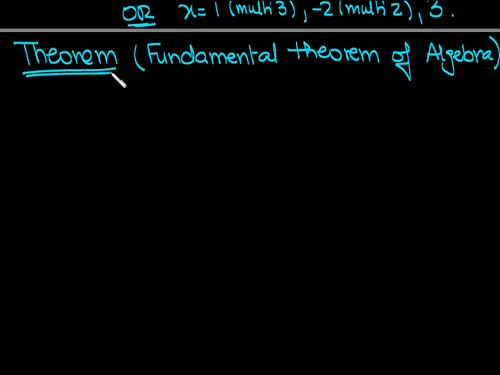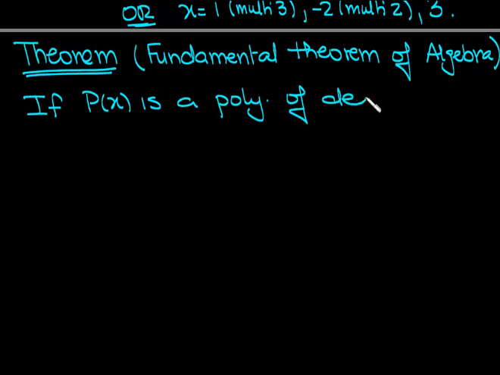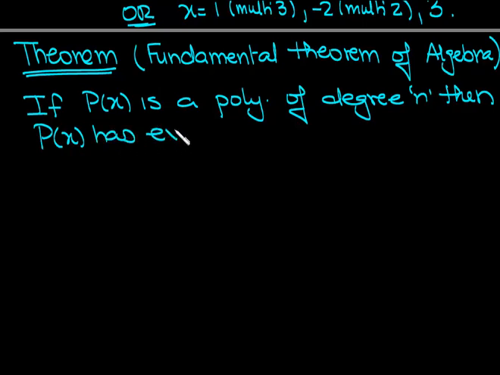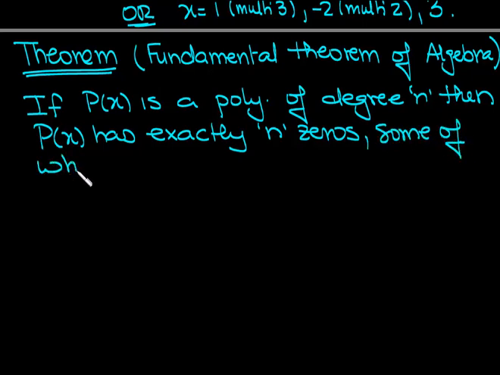And there are different variations from there, but it basically states that if p of x is a polynomial of degree n, then p of x has exactly n zeros, okay, some of which may repeat. That means they have some multiplicity, and you saw that.